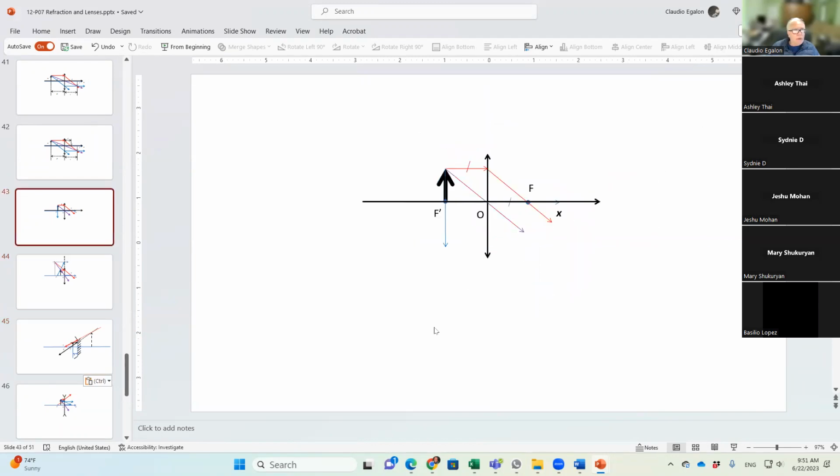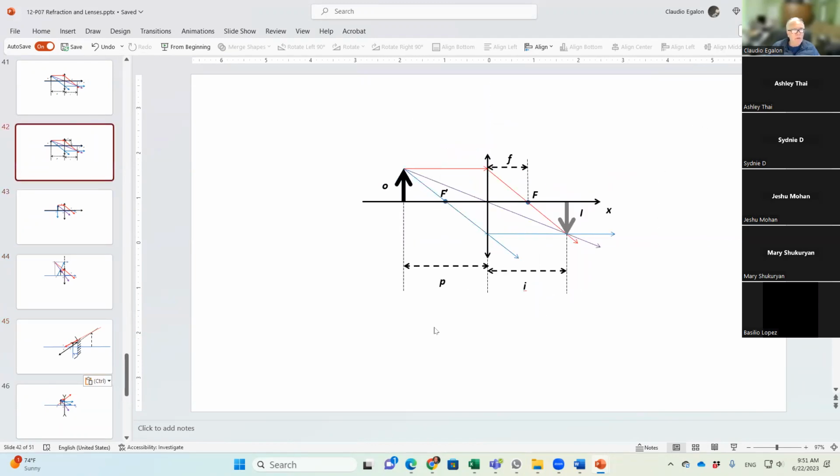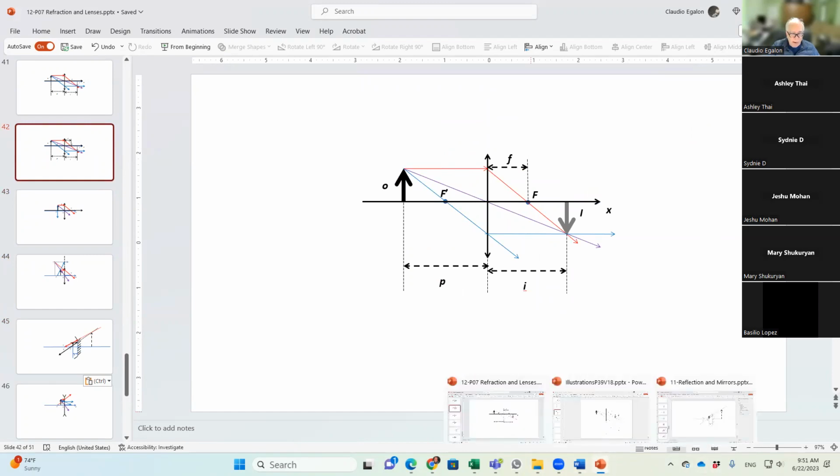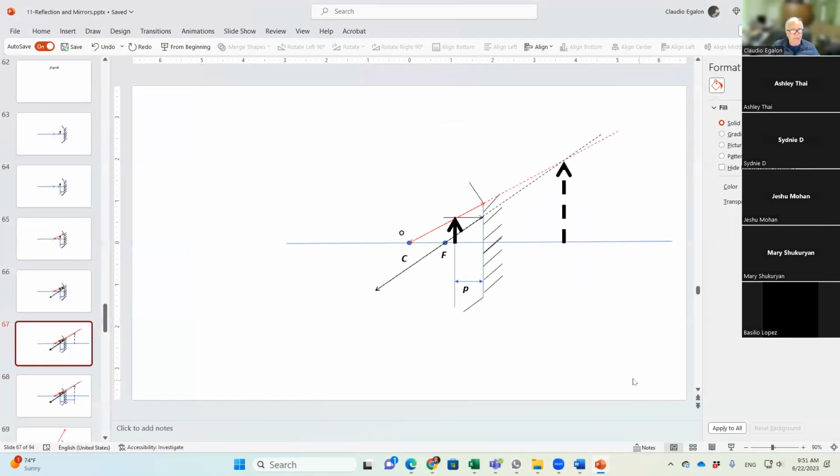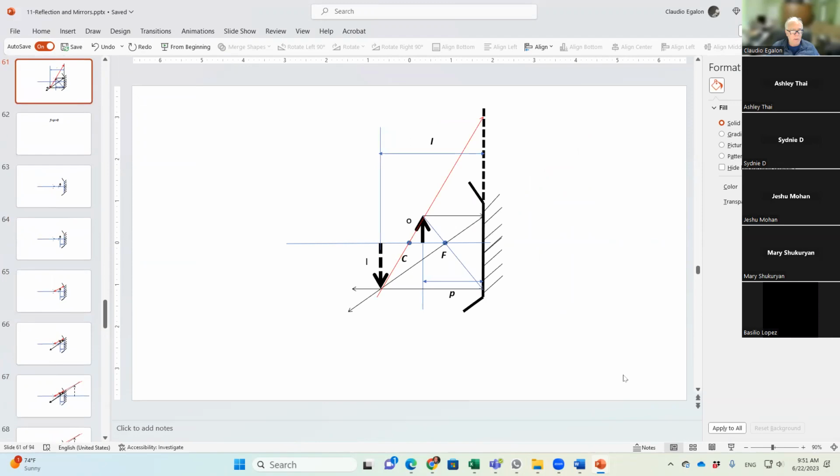And then we can also have a comparison here for this one. Reflection. That's a real image.